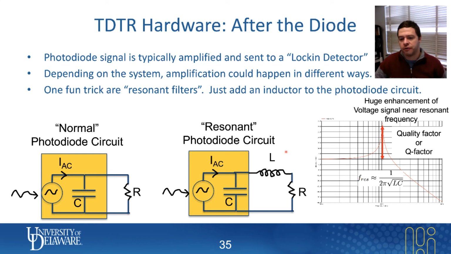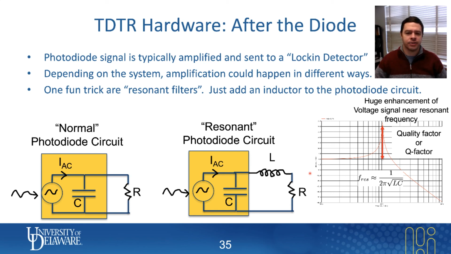And so, if you make a little box that has an inductor in it, you will get this sort of free amplification before your signal goes to your lock-in amplifier or your preamplifier. And this is typically what we do.